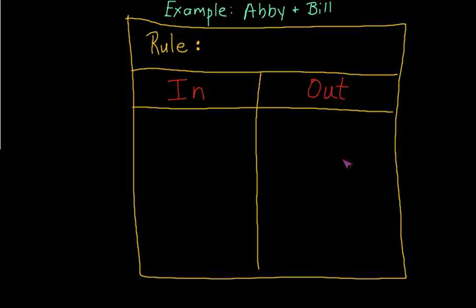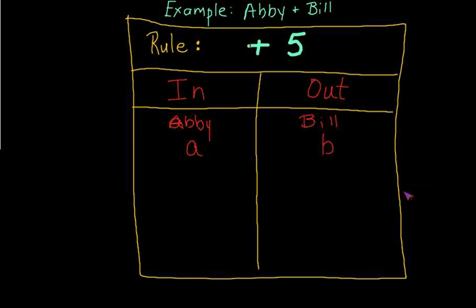So whatever Abby gets, and sometimes it helps to put people's names in here, even if you're trying to think about the understanding, and Bill's allowance over here. So A is the in and B is the out. And our rule is going to be that we're going to add 5 to whatever it is, and that will give us the out.